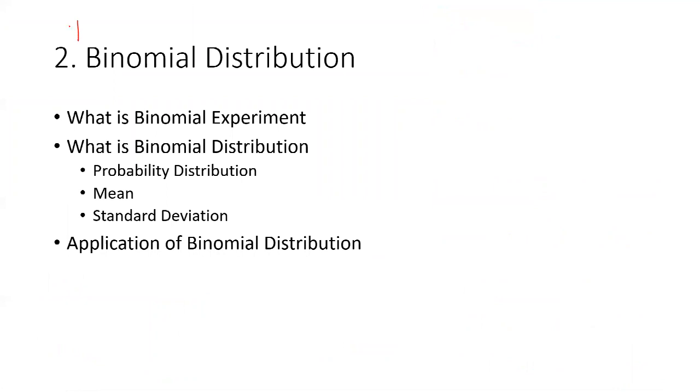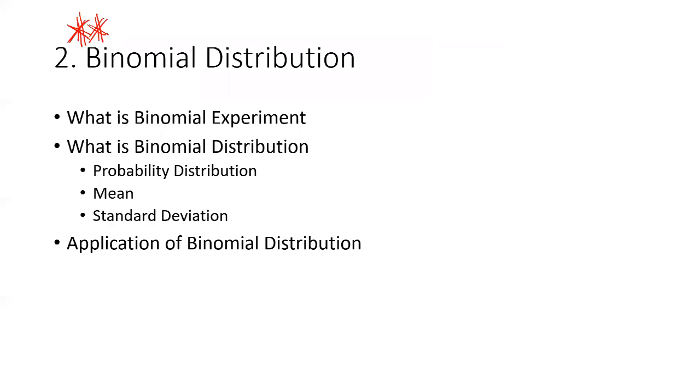distribution. Okay, this is very important. This is a key point in this unit, which is binomial distribution. First of all, we need to know what is binomial experiment, and then based on that, we need to know what is binomial distribution.